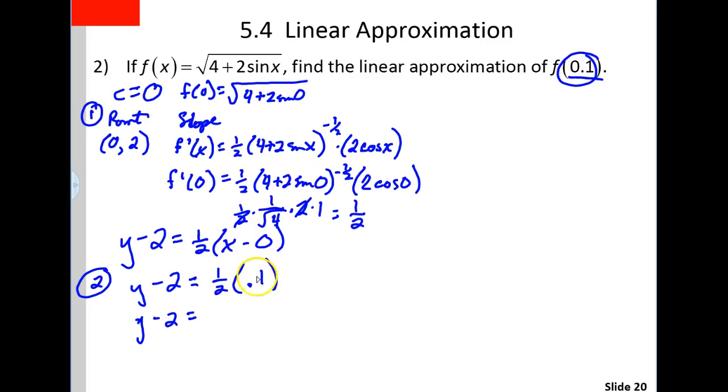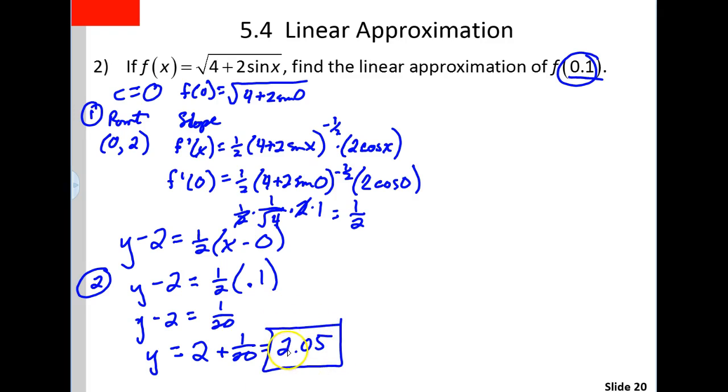Well, 0.1 is 1/10, so half of 1/10 would be 1/20. And so if I add 2, I get y equals 2 plus 1/20. Now, of course, 1/20 is 0.05. So this would be 2.05. That is our estimate of f of 0.1.